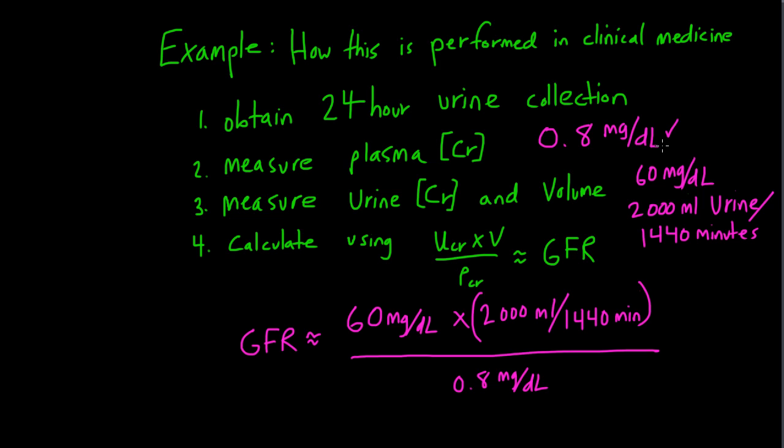The concentration of creatinine in this patient's urine was 60 milligrams per deciliter, and the urine volume was 2,000 milliliters over 24 hours, or 2,000 milliliters over 1,440 minutes. If we plug these numbers into the UV over P equation, we calculate that the GFR, or at least we estimate that the GFR for this human is 104 milliliters per minute.